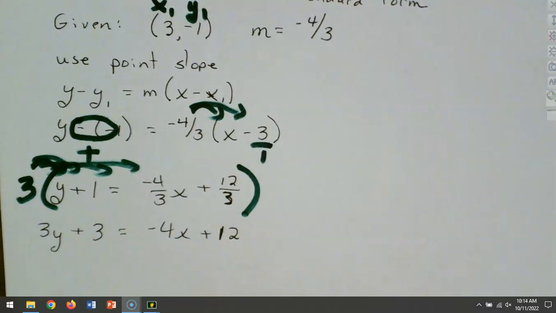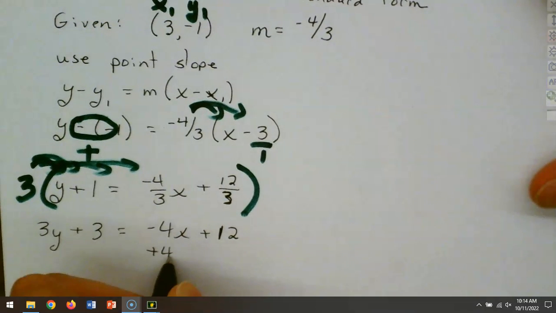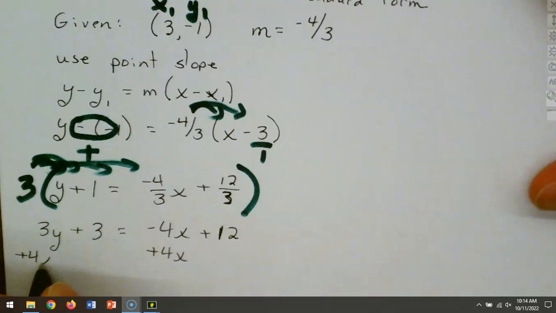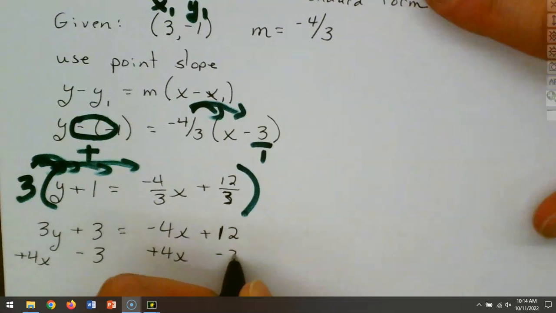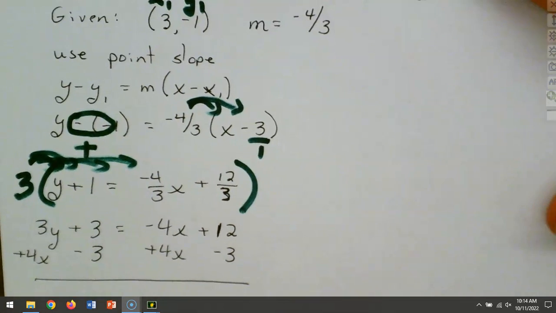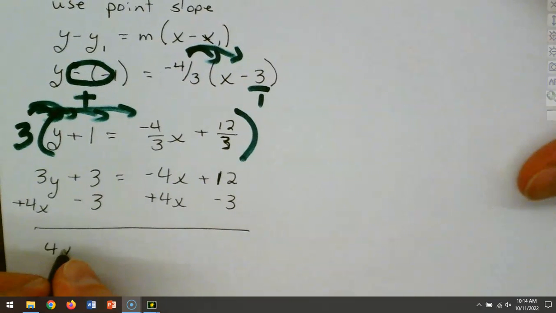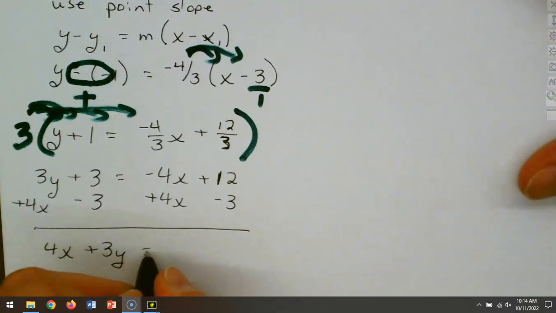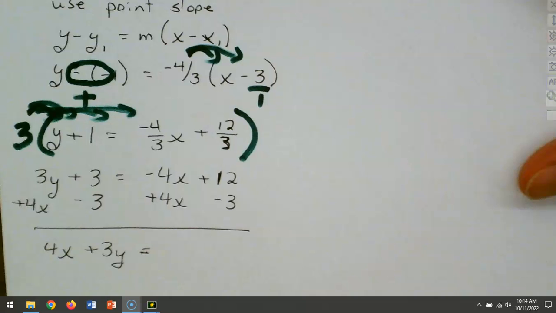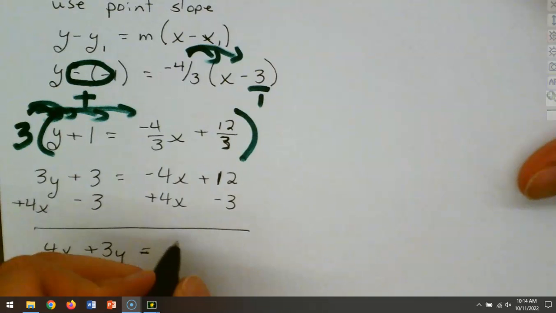Okay, so we're going to go ahead and do that. So let's add that 4x over and subtract our 3. Now we've got it. All right, because now what do we have? We have 4x plus 3y and 12 minus 3. 12 minus 3 makes it a 9, doesn't it?